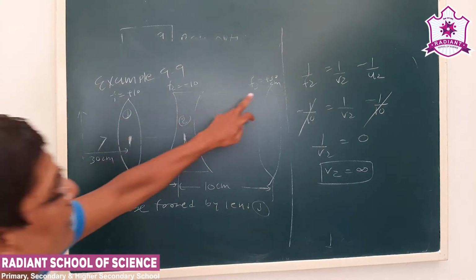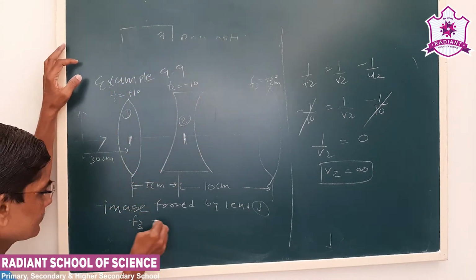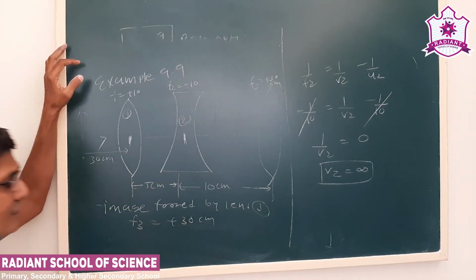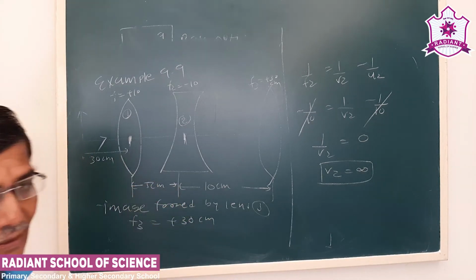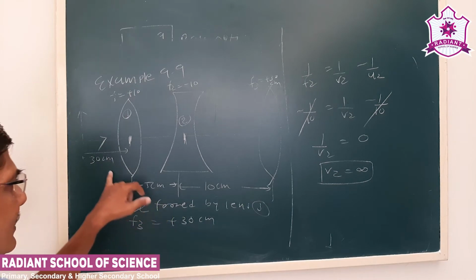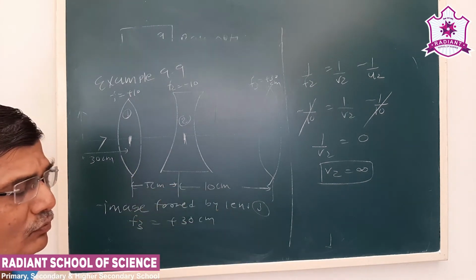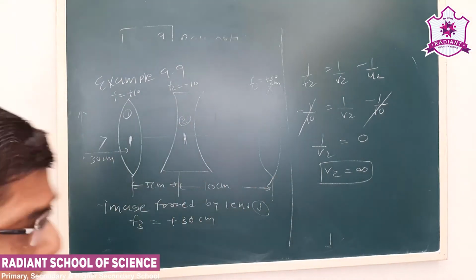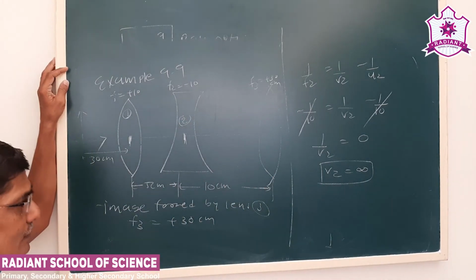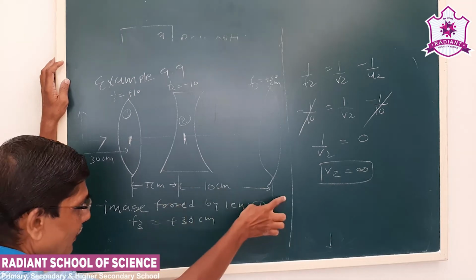Now the next is the image formed by lens 3. The focal length is 30 centimeter. For the second lens we subtracted the distance between lens 1 and 2. Now for the third lens, from the image formed by the second lens, we have to subtract the distance between lens 2 and lens 3.